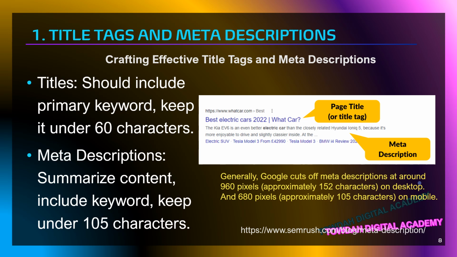You keep it under 105 characters. So generally, Google cuts off meta descriptions at around 152 characters on desktop and 105 characters on mobile. You would understand more of this as we go, but begin to see the way we're going to be using on-page SEO for our documents.